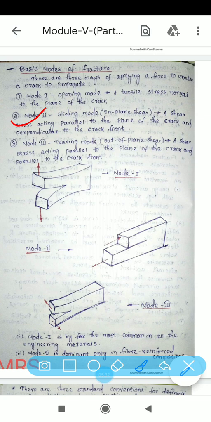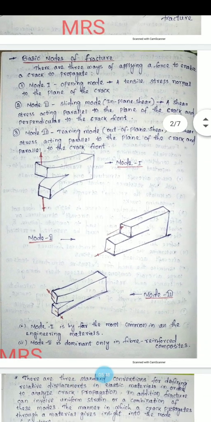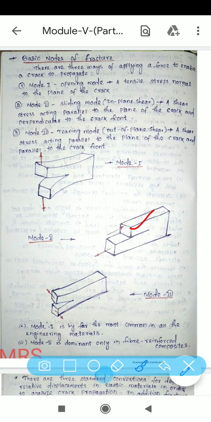So this second figure, mode 2, is parallel to the plane of the crack. The arrow mark is parallel to the crack and perpendicular to the crack front. This is your crack front. So it is one type of sliding: this is your body, and if some loads are applied here, it deforms like this.